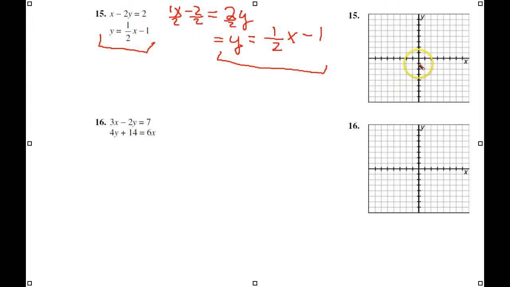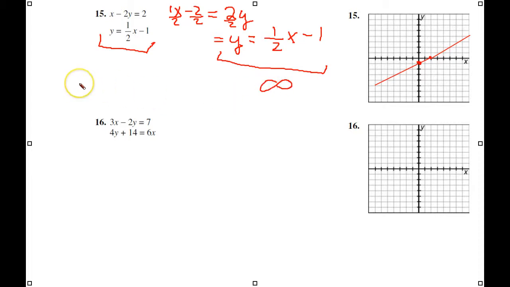We're going to put a dot on -1. Goes over 2 up 1. And then do the other one. A dot on -1 over 2 up 1. It's the same line. So, what will our solution be? Well, the graphs are dependent because they're the same, and they are consistent because for this, the answer is infinite number of solutions.